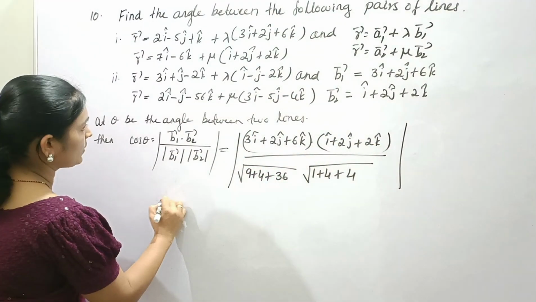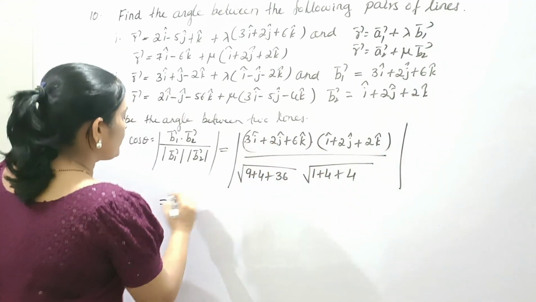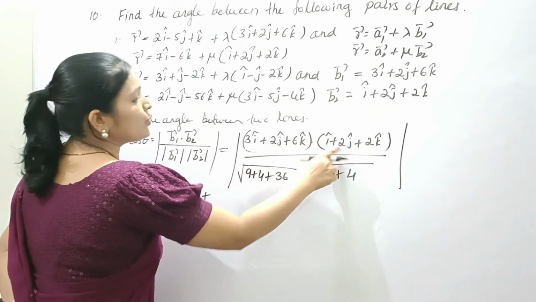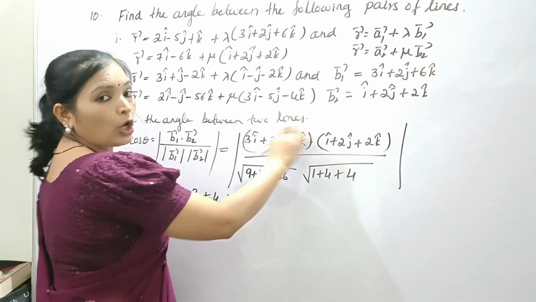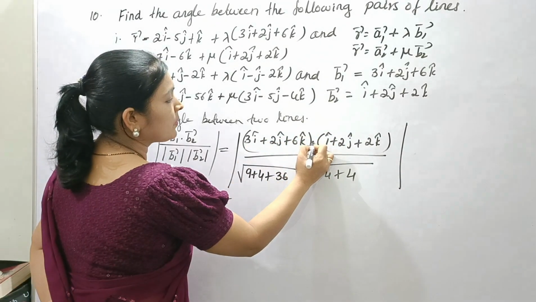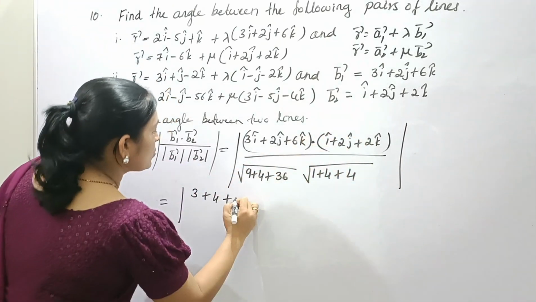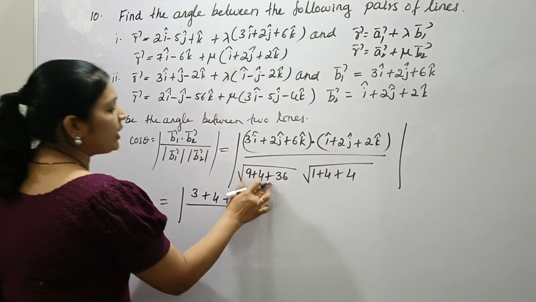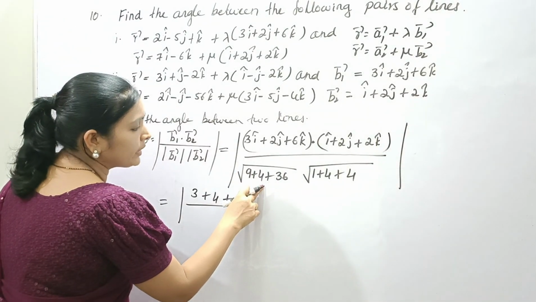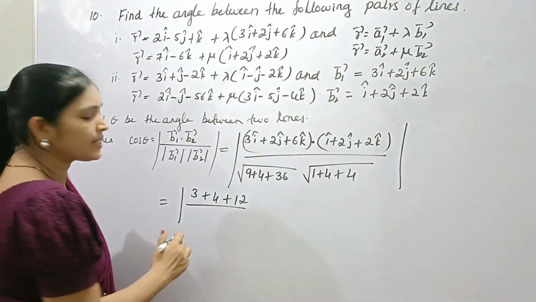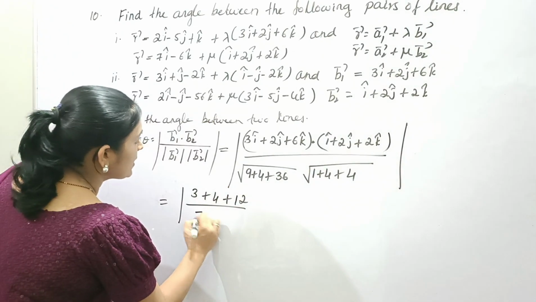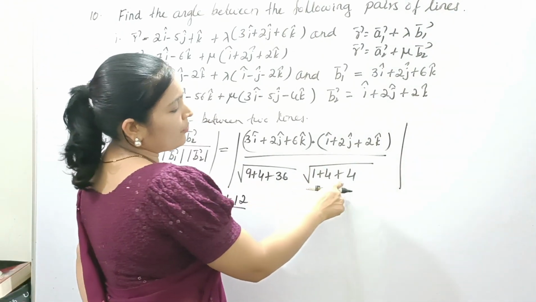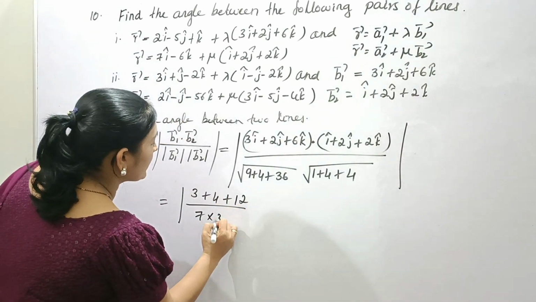The dot product of the two vectors is 3 into 1, 3, plus 2 into 2, 4, plus 6 into 2, 12, which is 19, divided by the square root of 49, since 9 plus 4 is 13 and 13 plus 36 is 49, that is 7, into the square root of 1 plus 4 plus 4, which is 9, that is 3.